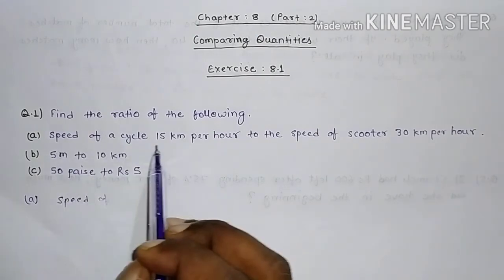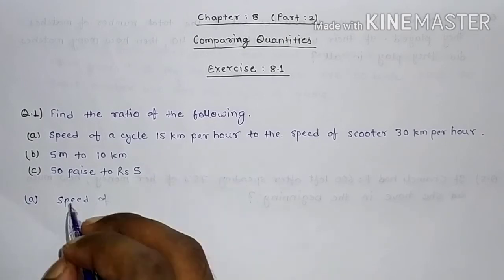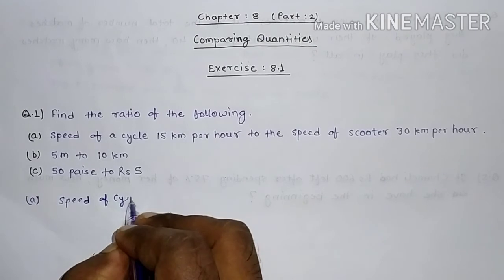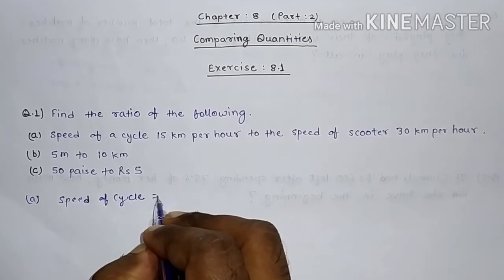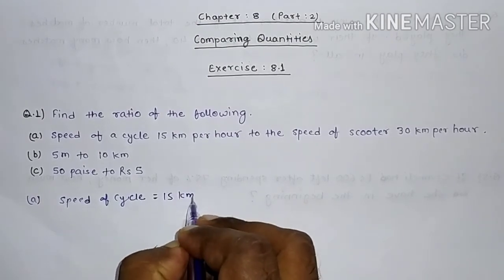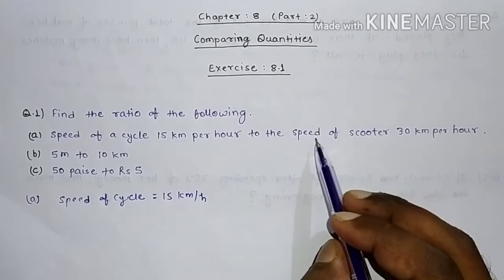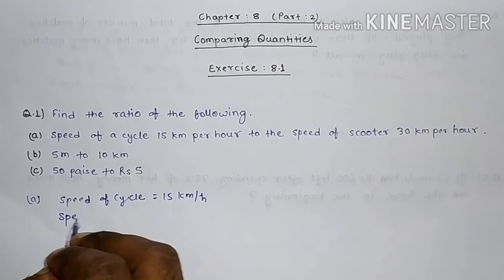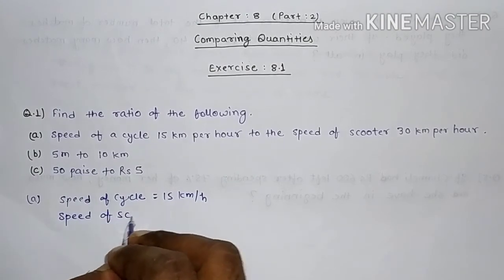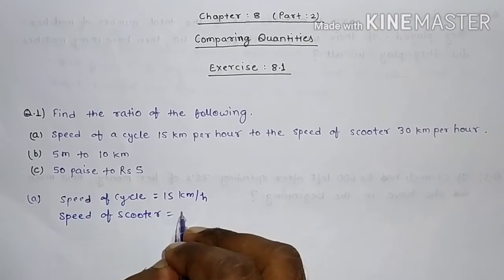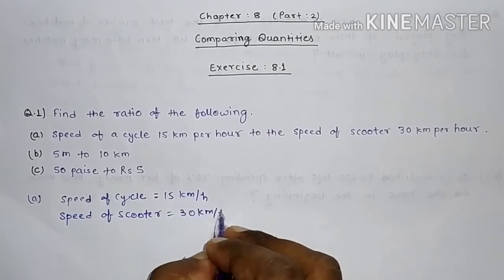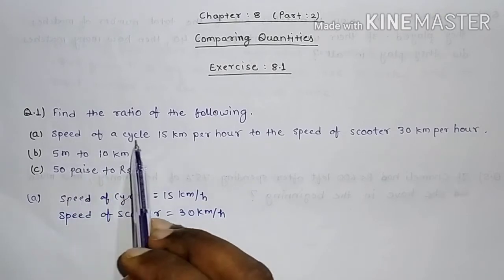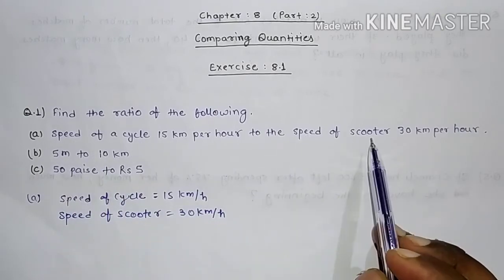Speed of cycle equals 15 km per hour, and speed of scooter equals 30 km per hour. And we have to find the ratio of the speed of cycle to the speed of scooter.